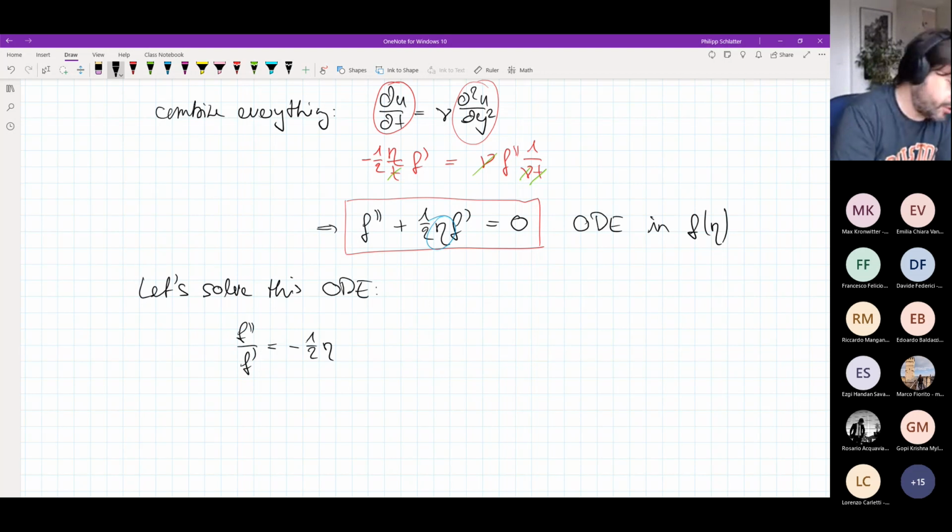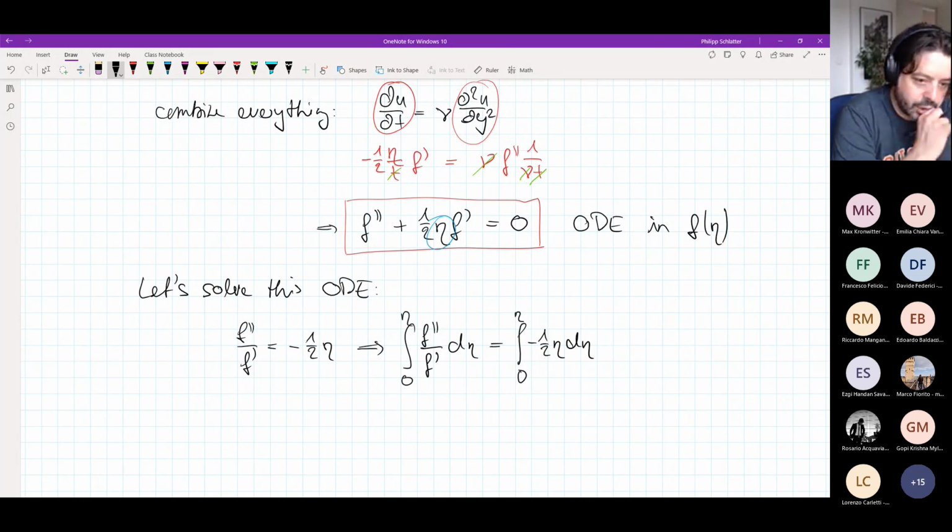And now the point would be, now we can integrate both sides independently. So we do an integral with respect to eta of the left side, and of course also on the right side of -1/2 of eta d eta. And we do that between 0 and eta to avoid integration constants.